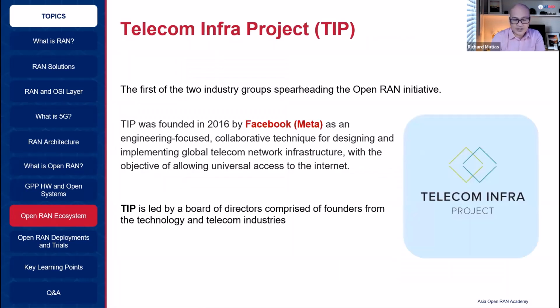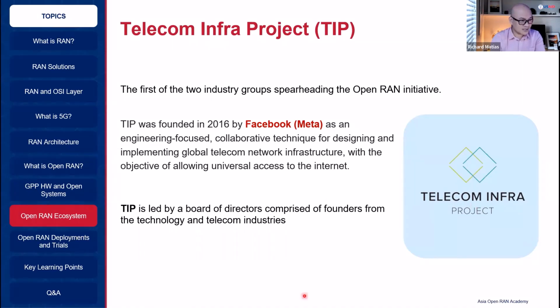This is the first of the two industry groups spearheading the Open RAN initiative. TIP, or Telecom Infra Project, was founded in 2016 by Facebook, now better known as Meta, as an engineering-focused collaborative effort for designing and implementing global telecom network infrastructure.